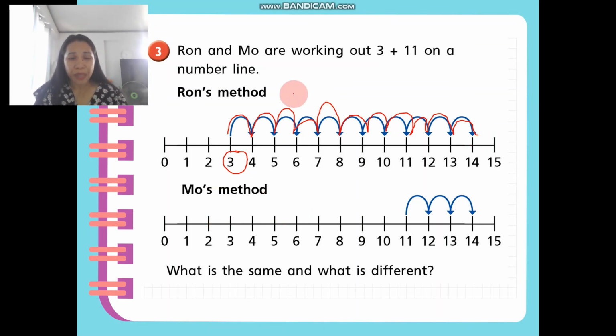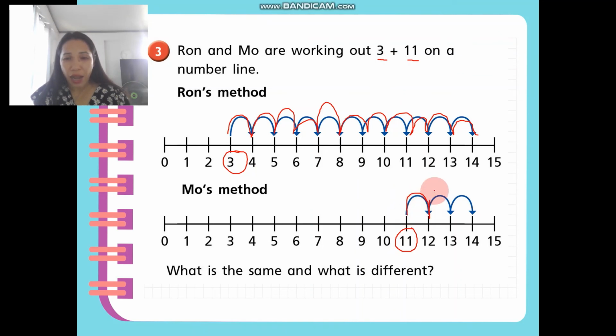However, Mo is doing the opposite. He's working with number 3 plus 11. However, Mo is a little bit clever. He started with the bigger number. And he started with 11 because 11 is the bigger number. And he only jumps 3 times.